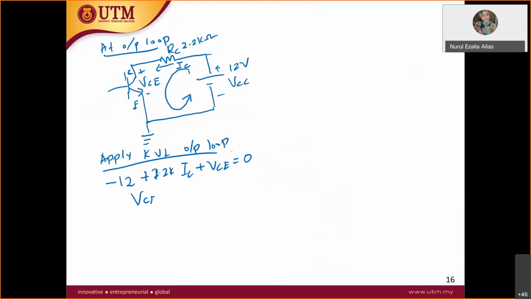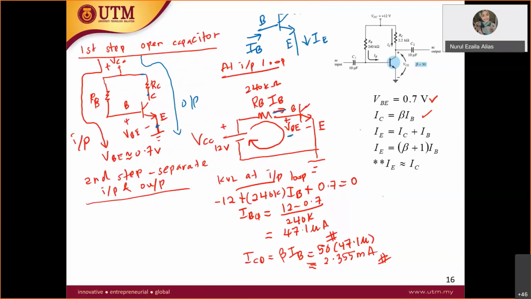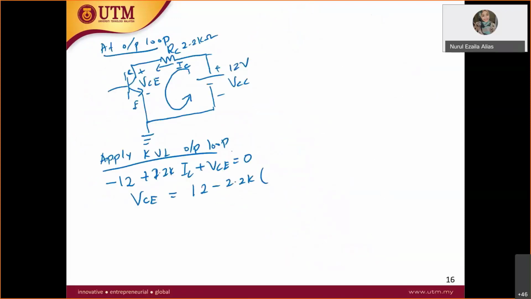Can you get your VCE from here? Can. Therefore 12 minus 2.2K times IC, 2.355 milli. How much did you get for this value?